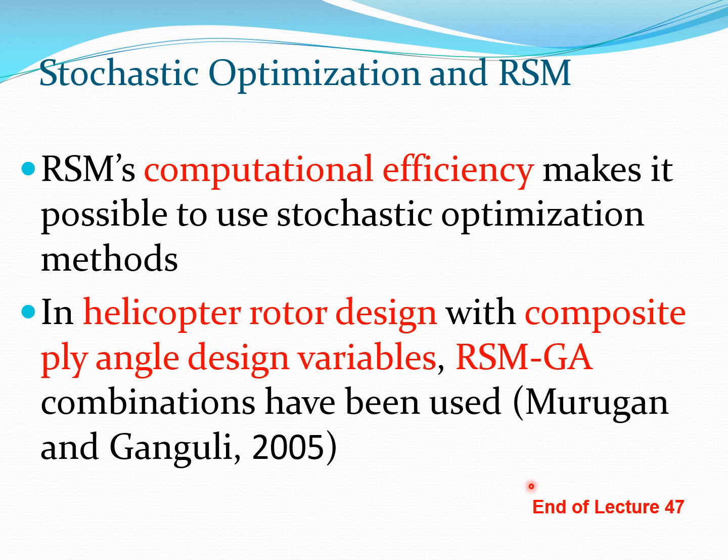For example, we have solved a problem once with the rotor design variables with composite ply angles. And here the top level problem of designing the rotor blade was solved by response surfaces. The bottom level problem of finding the composite beam was done using GA, because here discrete design variables are involved. So the top level was in terms of polynomials of second degree. The bottom level was completely discrete.